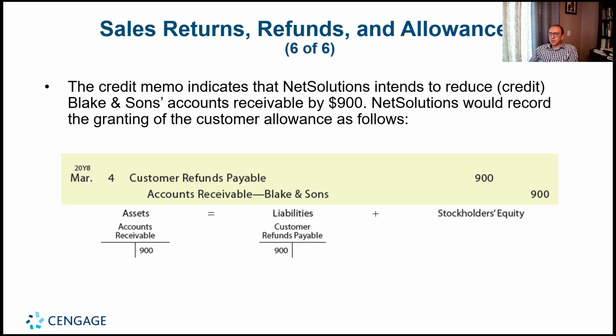The credit memo indicates that Net Solutions intends to credit Blake & Sons' accounts receivable by $900, and Net Solutions would record the granting of the customer allowance as follows. So we debit customer refunds payable and we credit accounts receivable for Blake & Sons, under the assumption that this was originally a credit sales transaction.